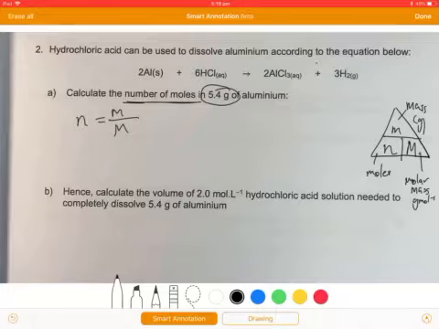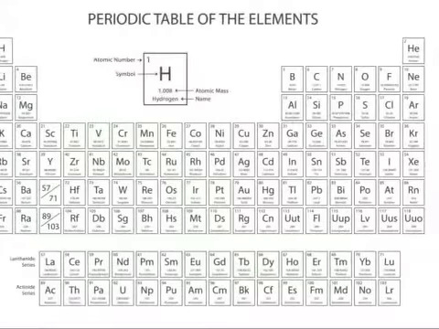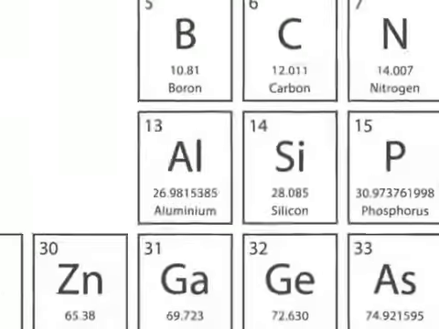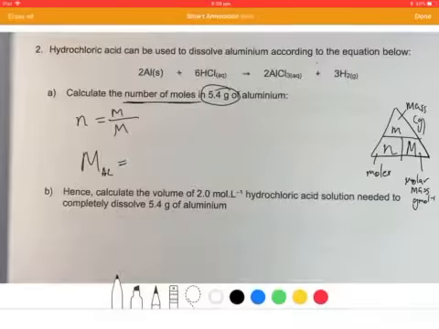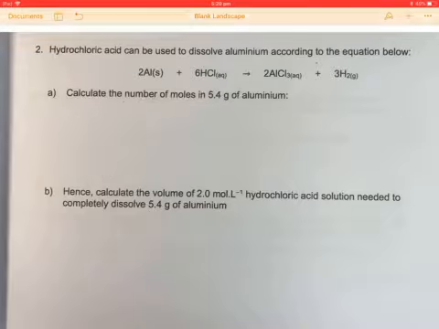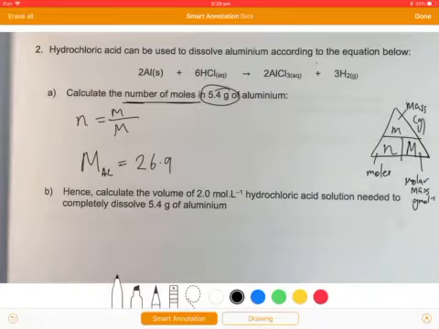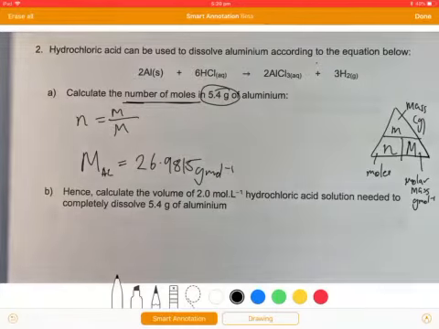To work out the molar mass, all we need to do is look at our periodic table. So the molar mass for Al is equal to 26.9815. Beautiful.